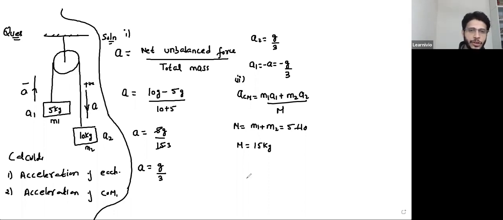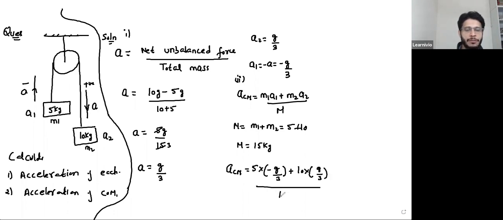If I substitute all values here, the acceleration of center of mass is: m1 is 5, a1 is minus g by 3, m2 is 10, a2 is g by 3, capital M is 15. So the acceleration of center of mass comes out to be minus 5g by 3 plus 10g by 3, divided by 15.